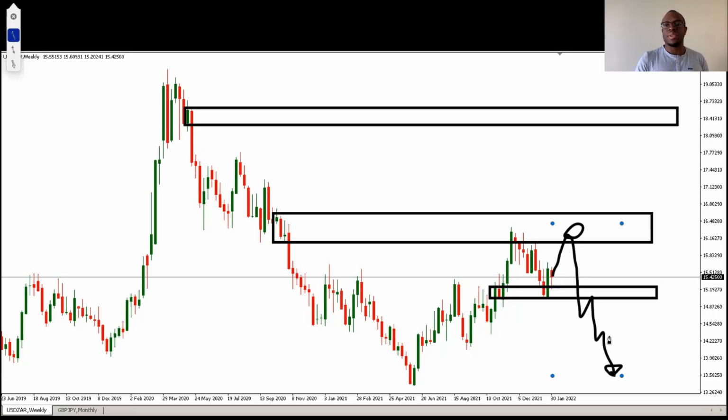So essentially we'll be expecting this bear run to end at 14.22270 or 13.5850. So this is the case of a bearish scenario.